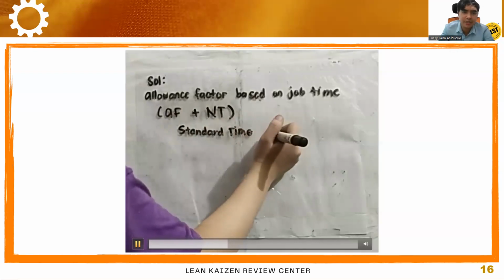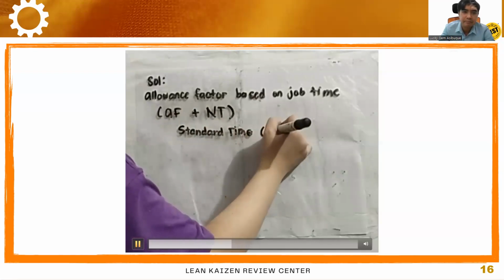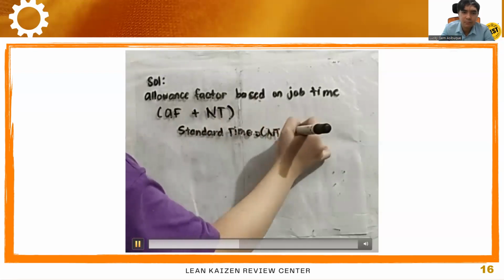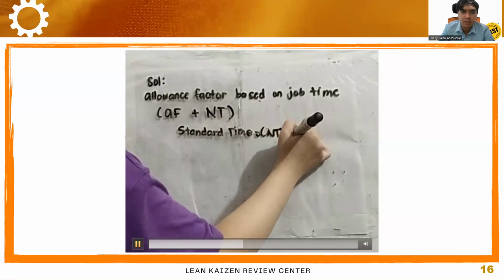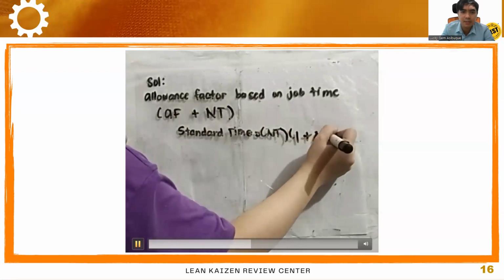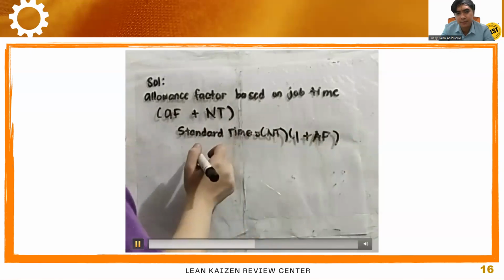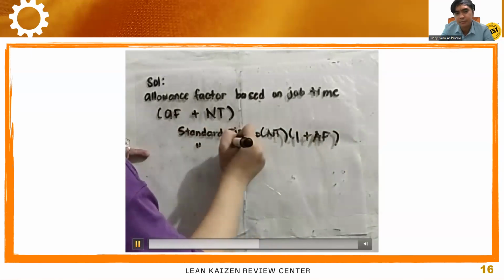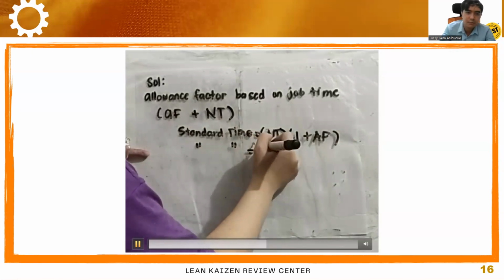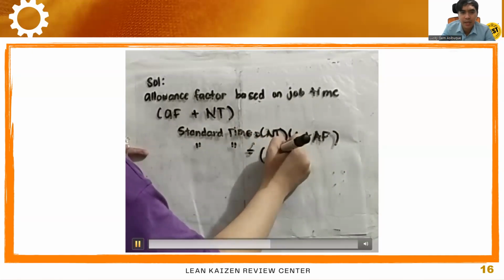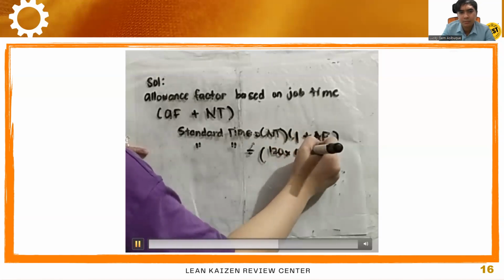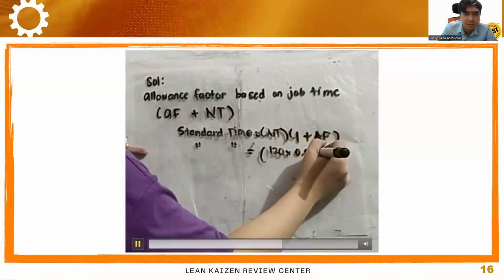So for the standard time, it is equal to the normal time multiplied by 1 plus the allowance factor. So what is the normal time? So the normal time is what?